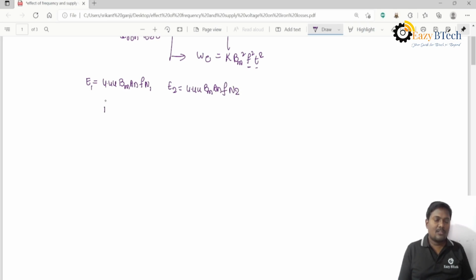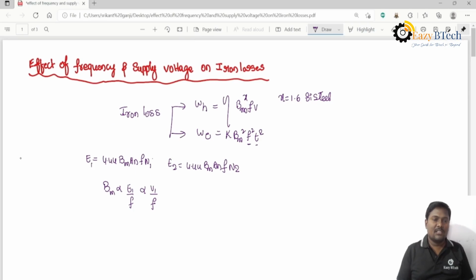Once the design is over, the net cross-sectional area of the core is constant, the number of turns on the primary winding is constant, and 4.44 in the EMF equation is also constant. So Bmax is directly proportional to E1 divided by f, which is approximately V1 divided by f, where V is called the supply voltage.